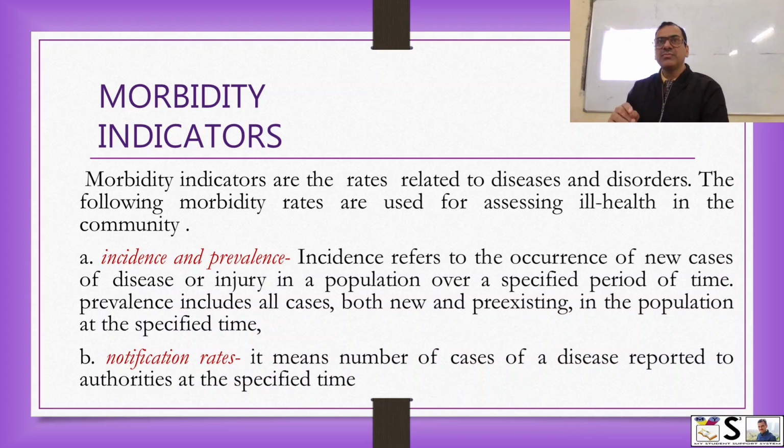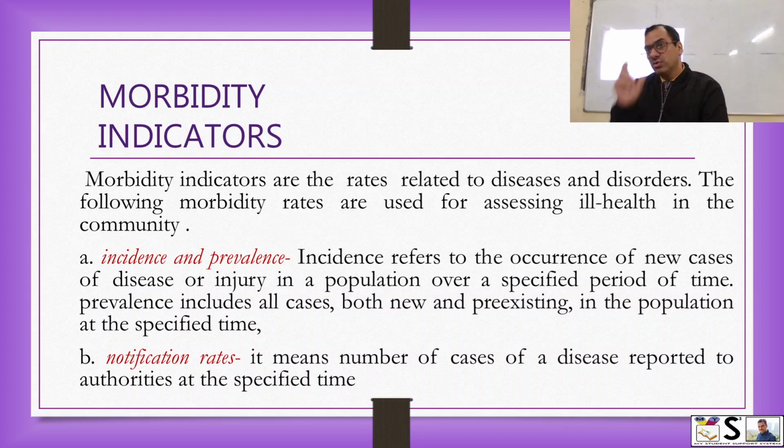In the same way, if there is a COVID case, it is again notifiable. Measles in the children, it is again notifiable. But if there is diarrhea, then there is no need to notify.